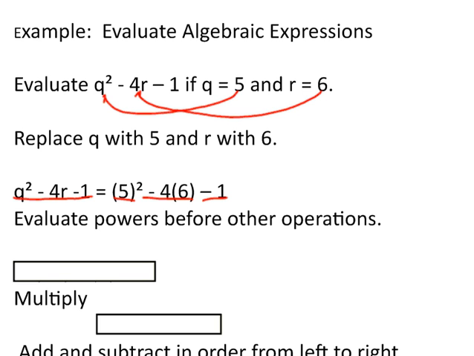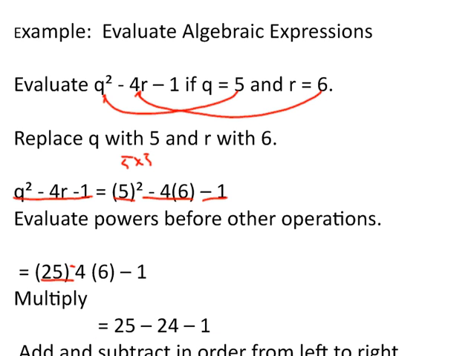Then we're going to evaluate the powers next. The powers, 5 squared, which is just a simpler way of writing 5 times 5. That becomes 25, and this should say minus, got left out a negative sign there, minus 4 times 6 minus 1. The next thing we're going to do is multiply.